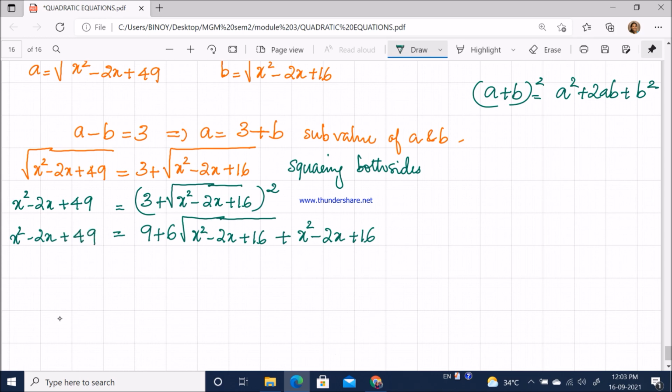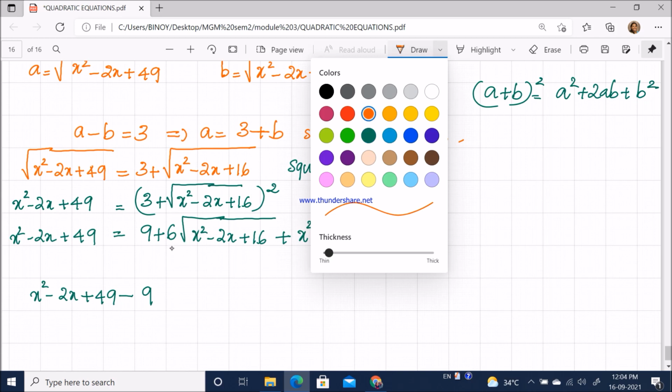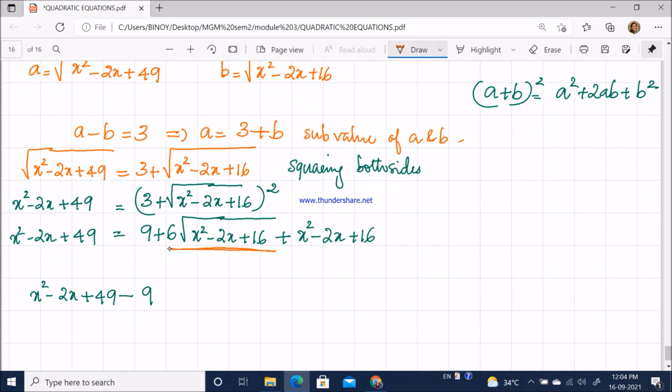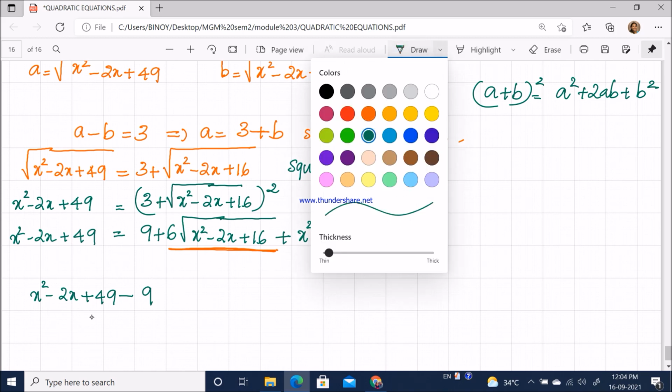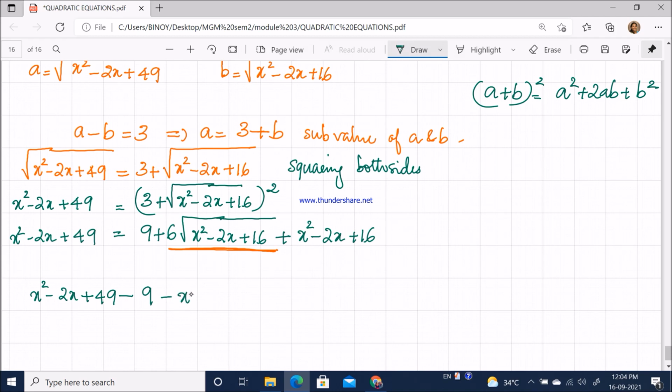So I'll take all the variables to this side. So x square minus 2x plus 49 minus 9, keeping the root term on the right side itself but taking the others to the other side. So it is minus x square plus 2x minus 16 is equal to 6 root of x square minus 2x plus 16.